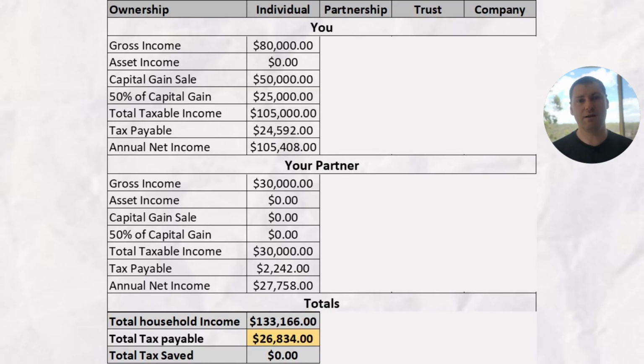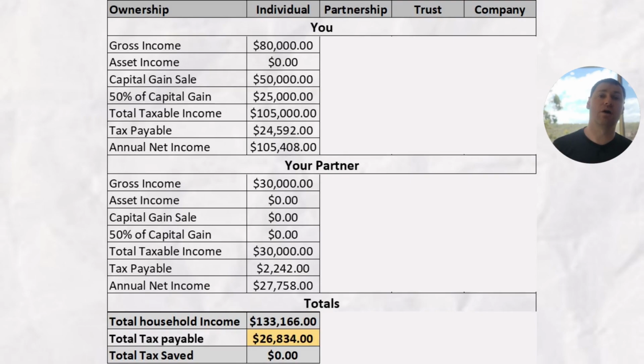So what happens if you own the property in your own name outright and you sell it and make a profit of $50,000? Well, you would be subject to the capital gains of the asset, and therefore, assuming that you've held the property for more than 12 months, you're entitled to a 50% capital gains tax discount.